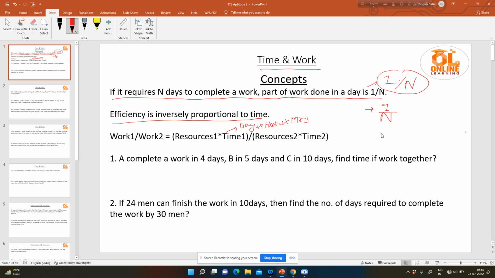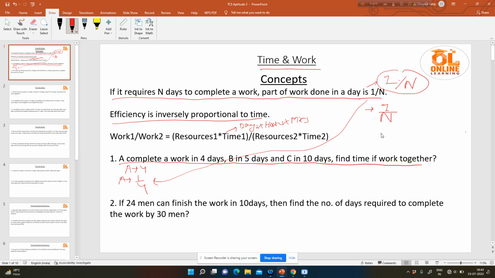Now let us solve the questions. A completes a work in 4 days, B in 5 days and C in 10 days. Find the time if they work together. A completes the work in 4 days, so the amount of work done by A in 1 day is 1 by 4, according to this concept.